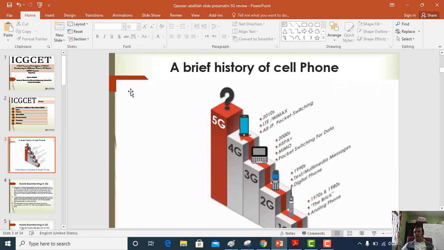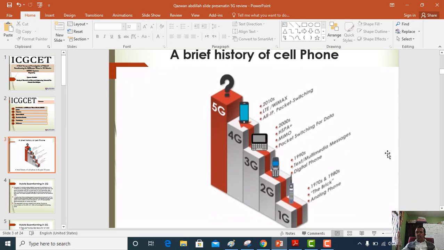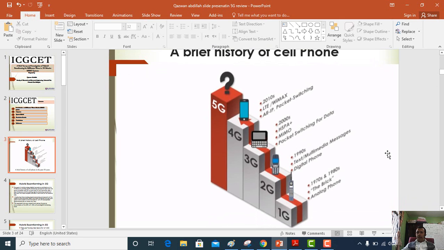A brief history of the cell phone. The first generation of cell phones, in 1970, was an analog phone. Then cell phones kept improving to 2G, a digital phone in the 90s. The third generation followed, in 2000, like a MIMO HSPA system using packet switching for data.